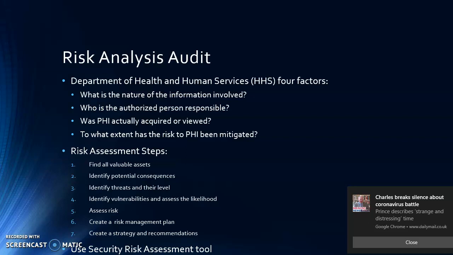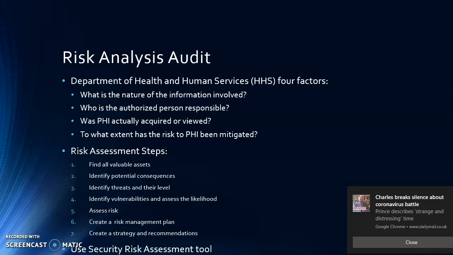Three major threats are a human threat, like hacking, or a natural or environmental threat, where something might occur with the power or anything like that that might interfere with the security of the ePHI. Also, in step 3, you're looking at the vulnerabilities, which are weaknesses in security controls, one of which could be no encryption.